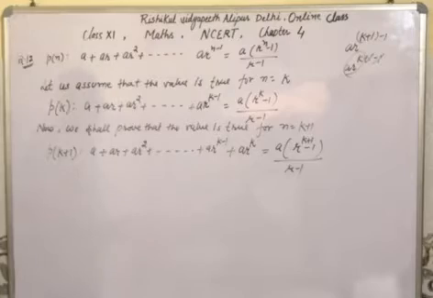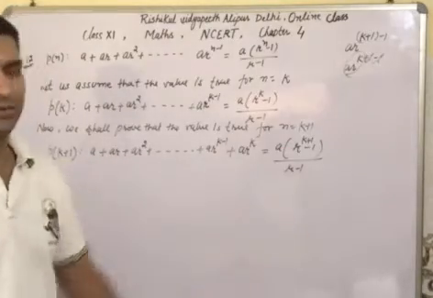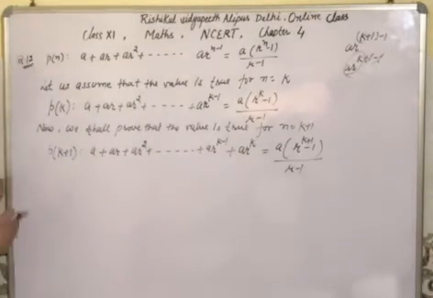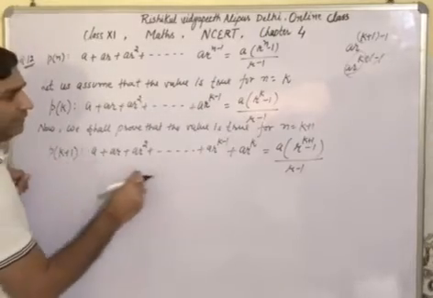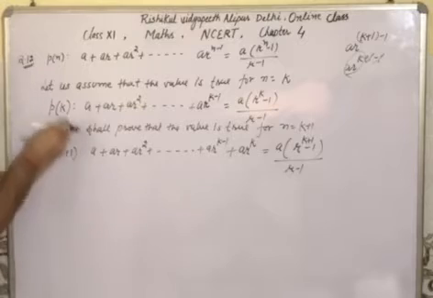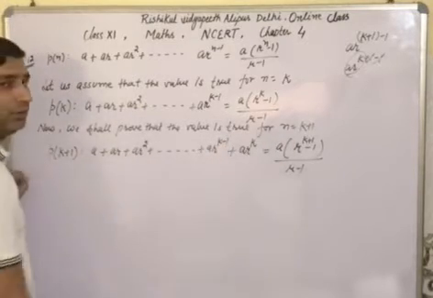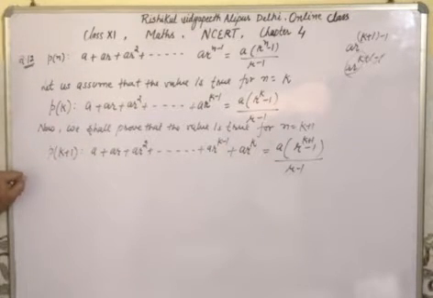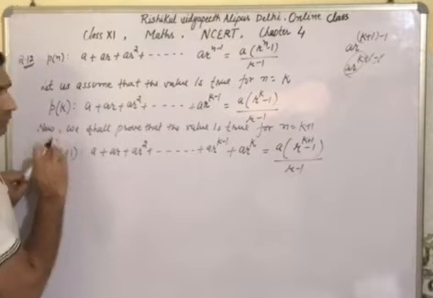We have to prove this P of k plus 1. We wrote the statement of P of k plus 1; this is the left hand side and this is the right hand side. Use this P of k: the value is true for k plus 1 by using P of k.